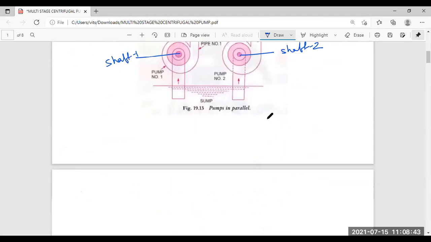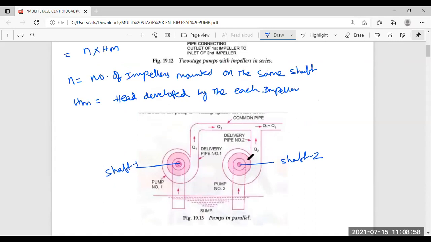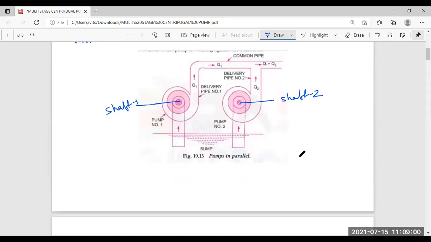And this is the parallel arrangement. Two different shafts are provided, and on different shafts, different impellers are mounted. So the impellers are arranged in parallel.